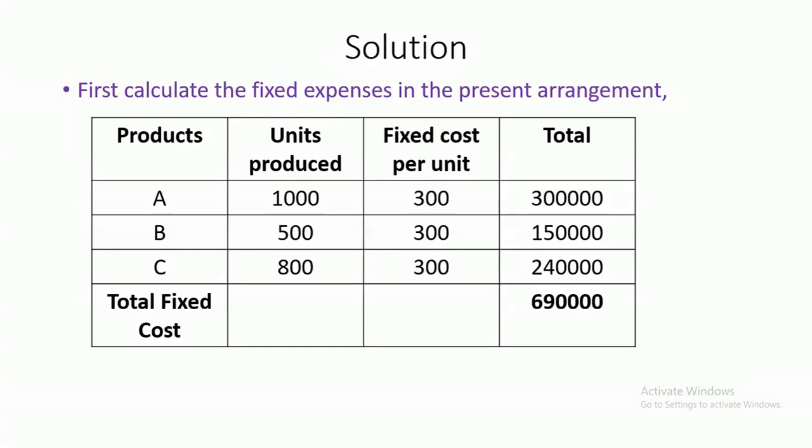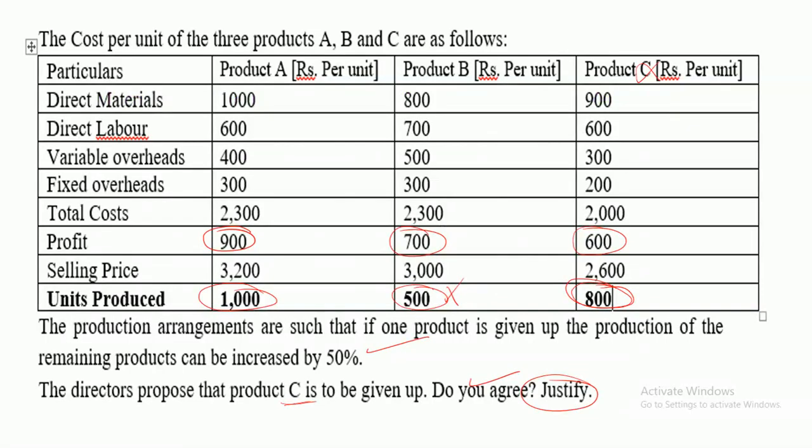First calculate the fixed expenses in the present arrangement. As of now, what is the fixed cost? Here you can see fixed overheads per unit. For product A, 300 rupees per unit and units produced is 1000.